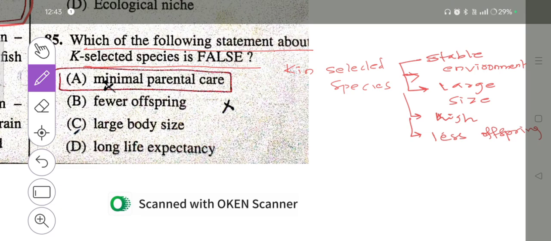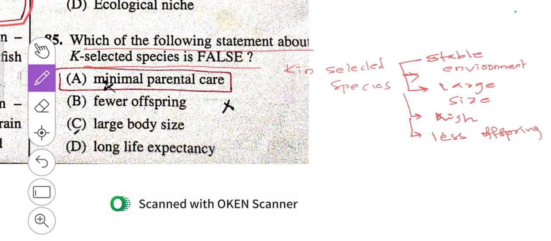Then they reproduce more than once. So based on that, fewer offspring, larger body size is also true. Long life is also true.